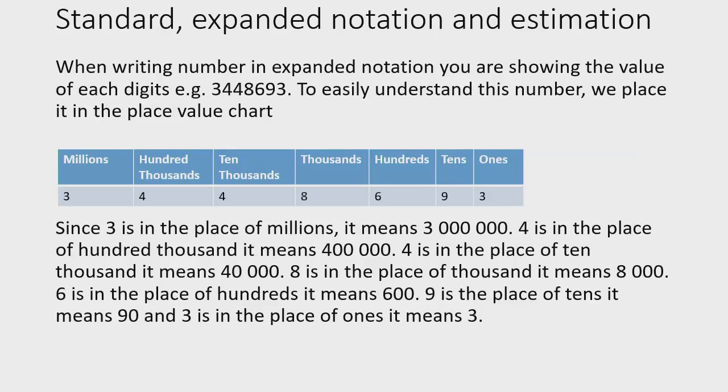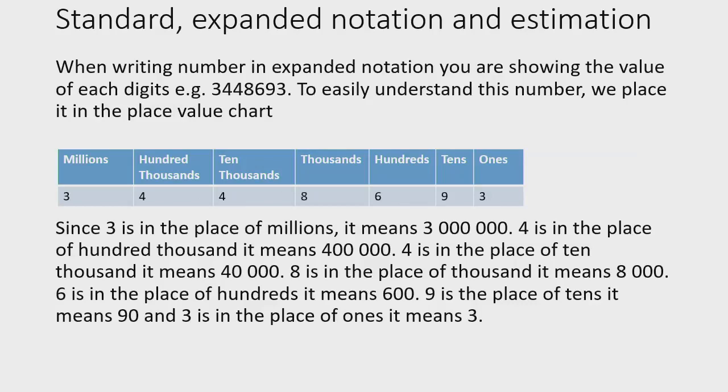The other 4 is in the place of 10,000, so it means 40,000. 8 is in the place of 1,000, it means 8,000. 6 is in the place of 100, it means 600. 9 is in the place of tens, it means 90. And 3 is in the place of ones, it means 3. That is very critical information that you need to know, so that when they ask you what is the place value of 3, then it is in the millions.